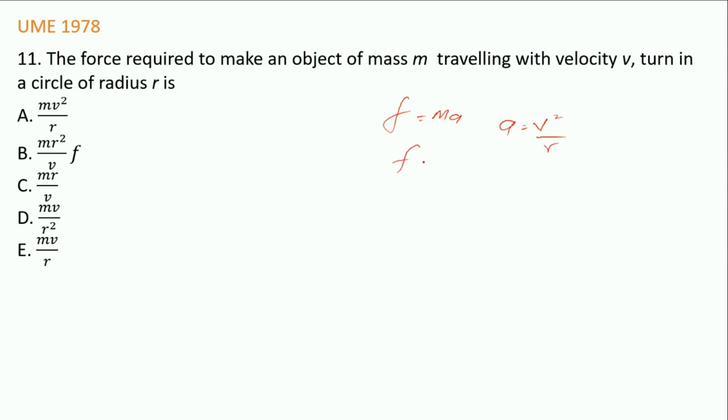So F is going to be equal to mv squared over r, and that should be option A, because we are told the force required to make an object of mass m traveling with velocity v turn in a circle of radius r. So the force that makes the object turn in a circle is known as the centripetal force, the center seeking force.